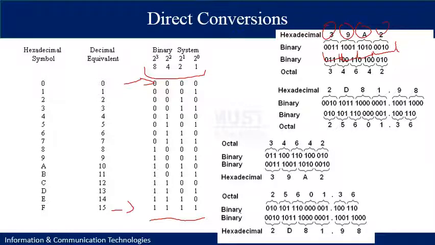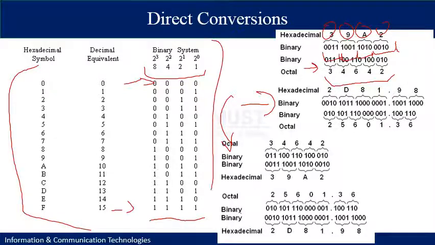On the other hand, if you divide the number into partitions containing 3 digits each, you can take the octal value of the representation. So go through these examples to understand more about direct conversion, and always keep this table in mind while converting directly from hexadecimal to binary, and from octal to binary, and in the reverse direction.